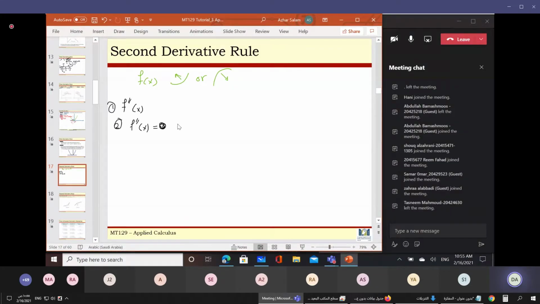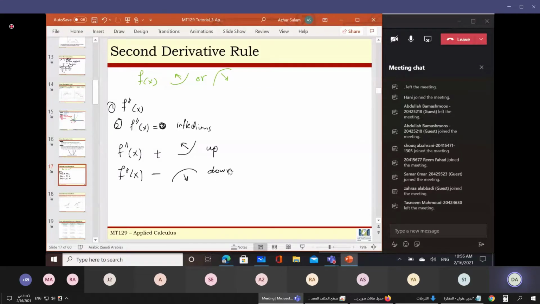The zeros here will be possible inflection points. And I test the sign of f double dash of x. If it's positive, the concavity will be up. It will be concave up. If the sign of f double dash is negative, then it will be concave down.